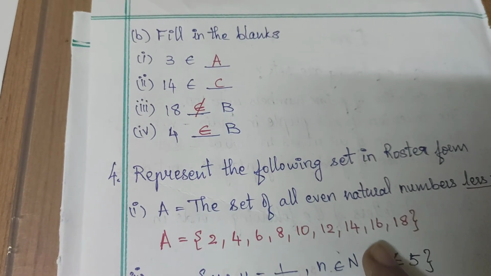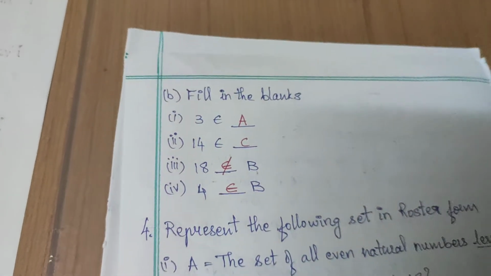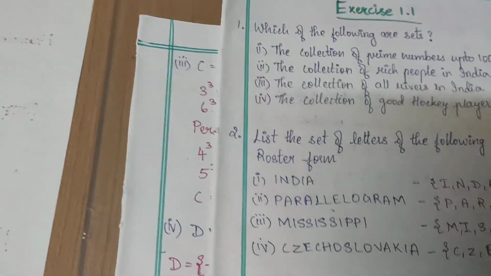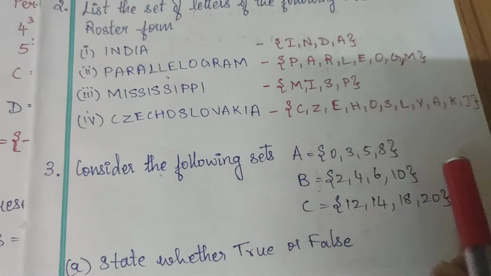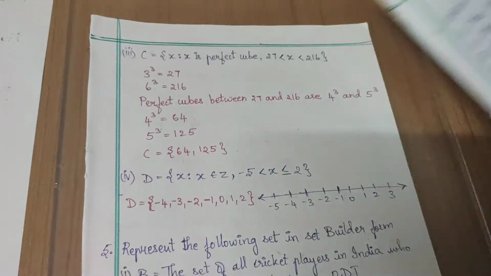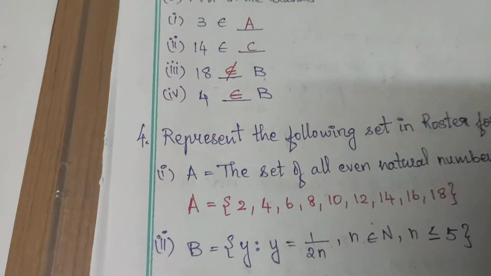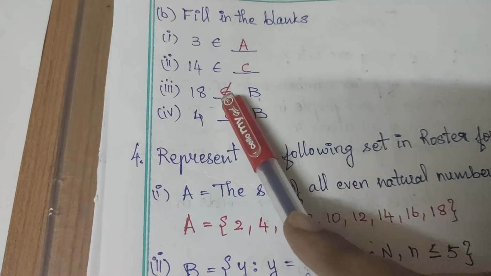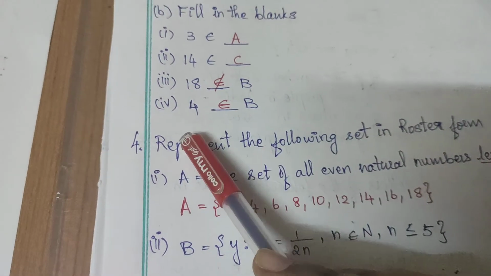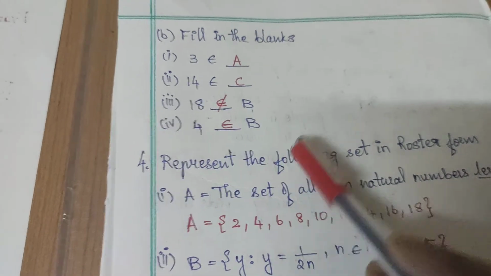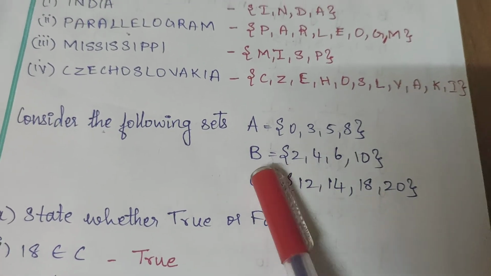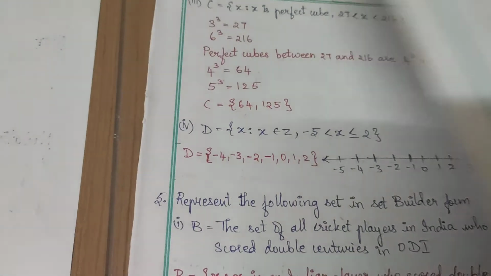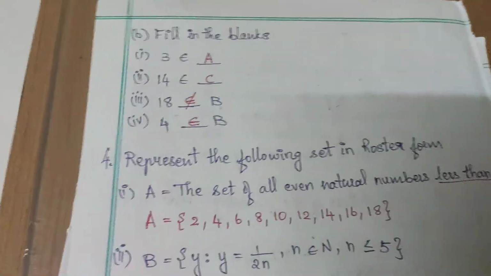We have to look at B. Is 18 in B? 18 is not in B. So 18 is not an element of B. Next, 4 dash B. We have to see whether 4 is in B. So if we see this question, yes, 4 is an element of B. So 4 is an element of B.